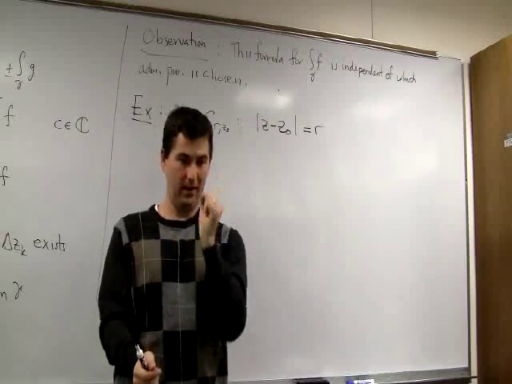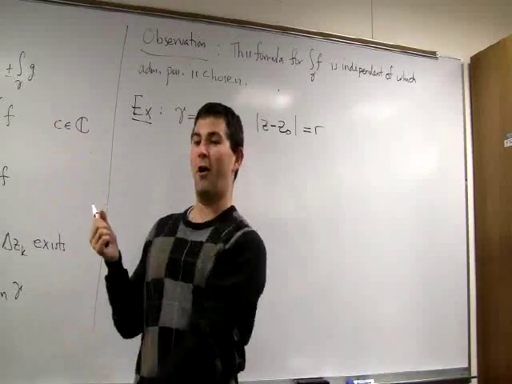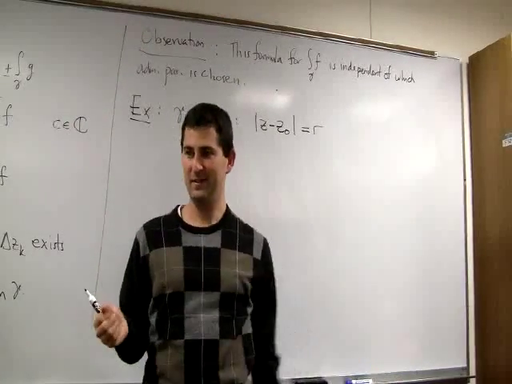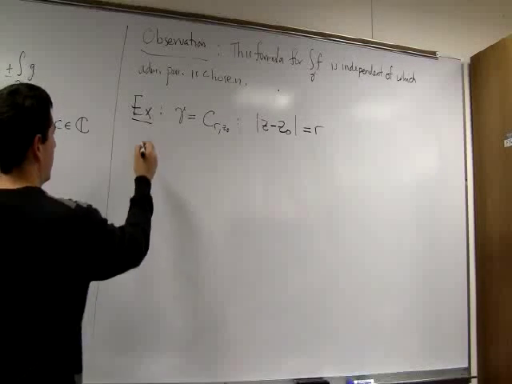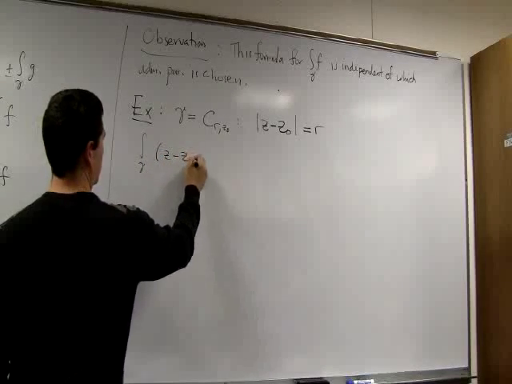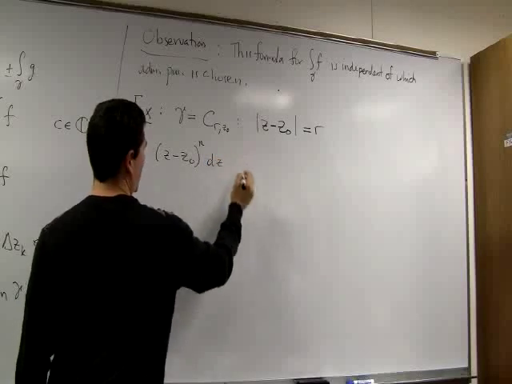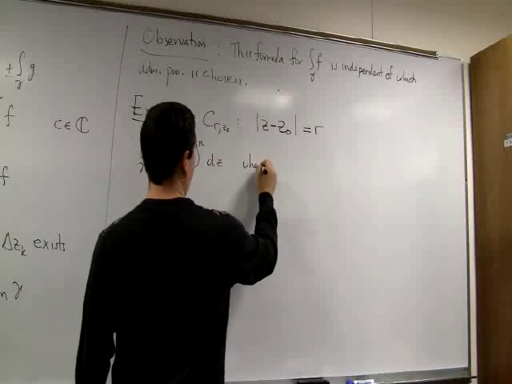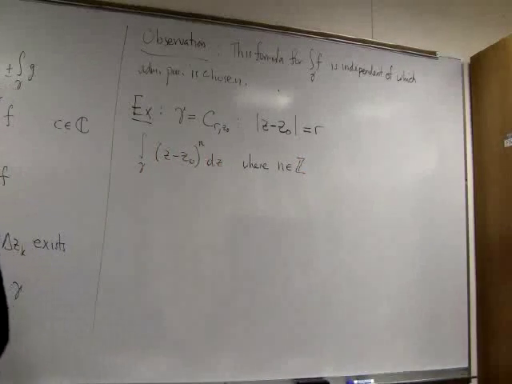Pick here on z naught, and all the points that are r away, that's a circle. Yeah, okay, cool. Fine. I want to integrate over gamma the function (z − z0)^n, where n is any integer. I want to be able to answer this for any integer.